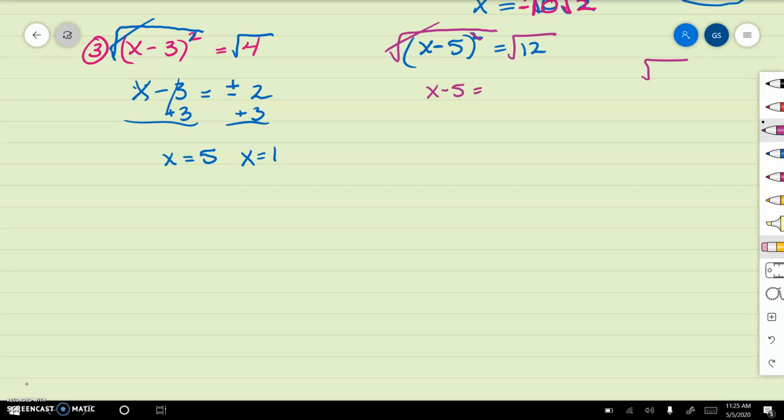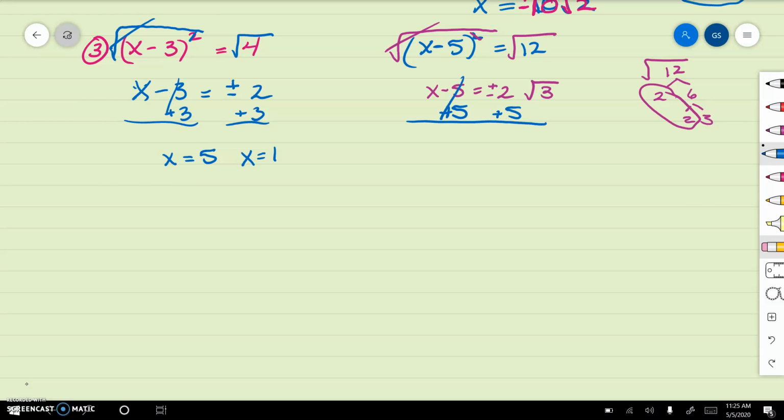So it's 12. We do 2 times 6, 2 times 3, pair of 2's, and then a single 3. But don't forget, you need your plus or minus. So now this is the way this one works. I'm going to change to blue so you can see this. We're going to add 5 to both sides.